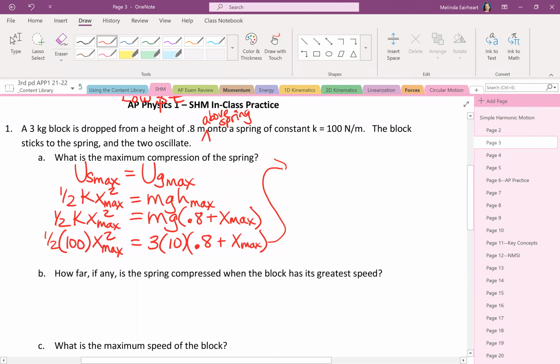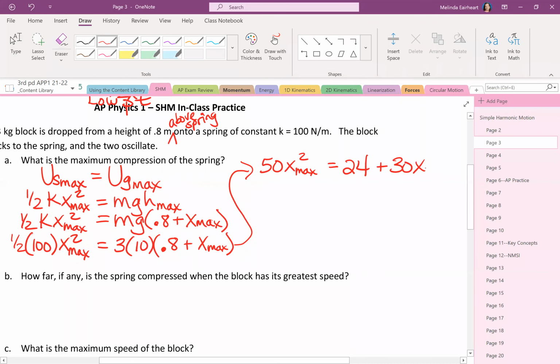Let me carry over here. We'll get 50 x max squared. And then 30 times 0.8. What's 30 times 0.8? 4/5 of 30? It's like 24. Plus, we'd have 30 times that x max.